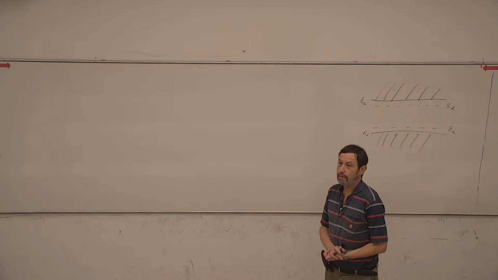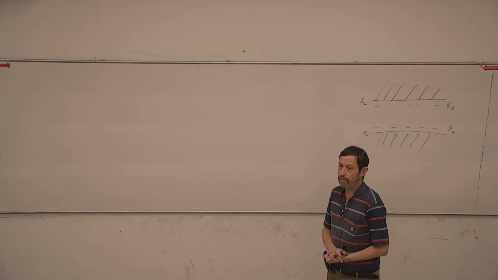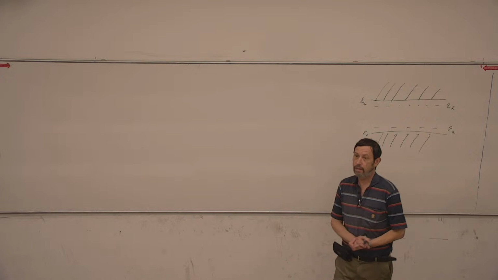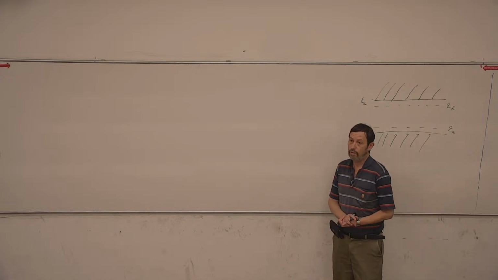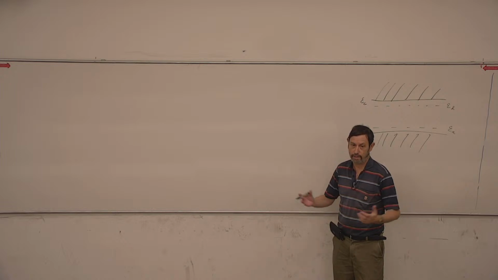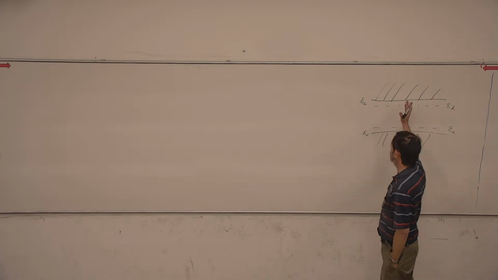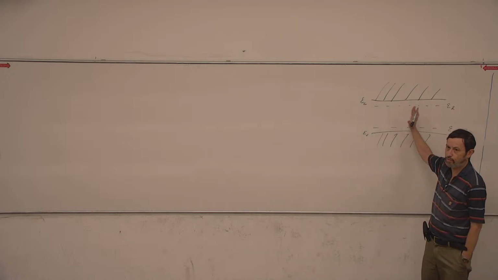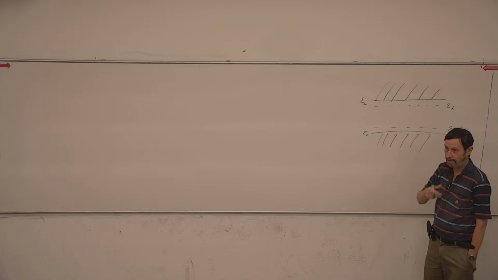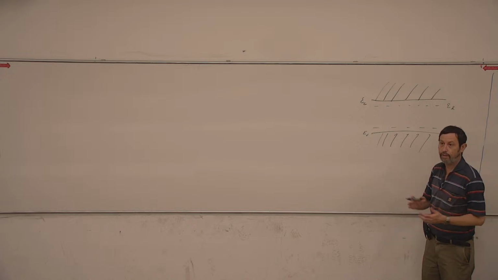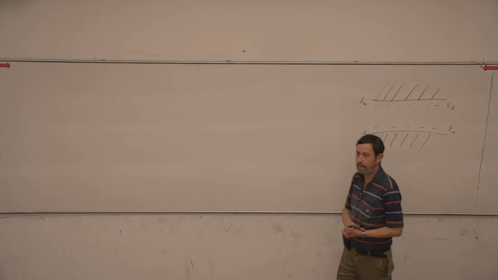Then we'll do something more elaborate, a case where we don't dope homogeneously all over the system. We'll dope some regions with acceptors and some regions with donors, and try to figure out the physics of this behavior.